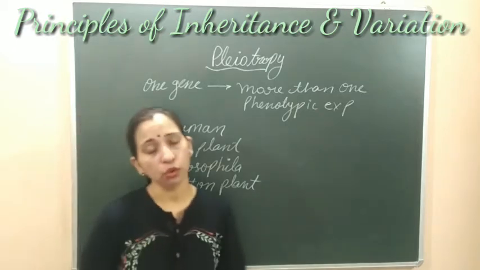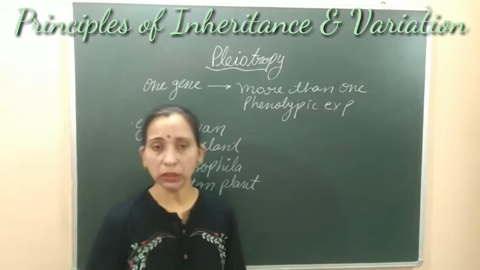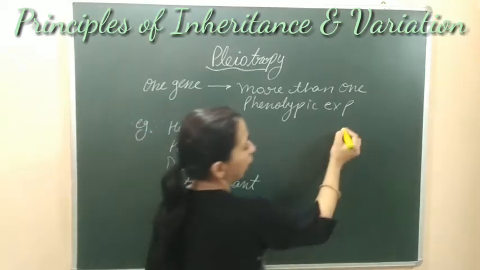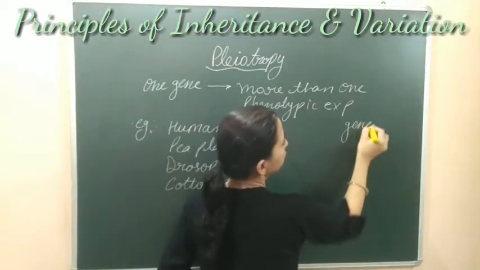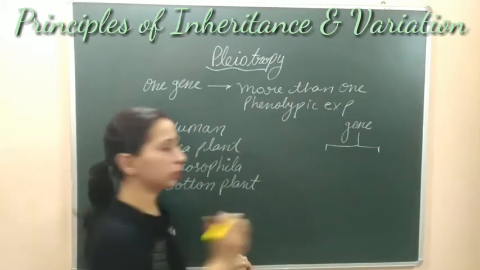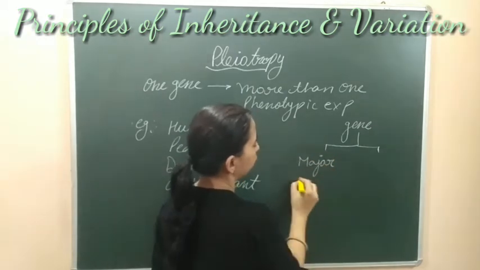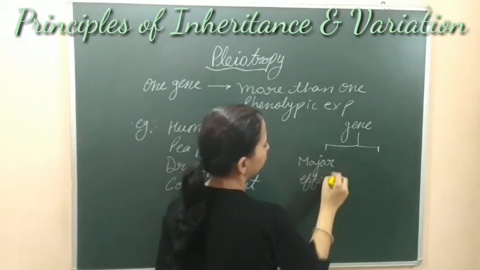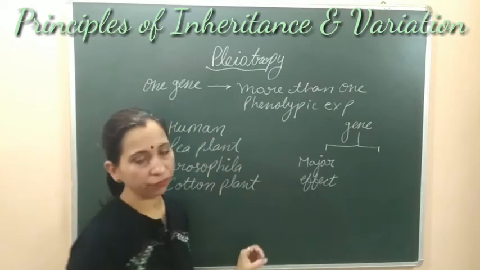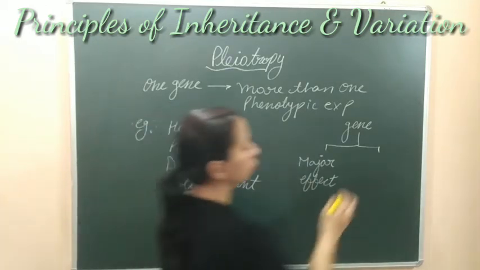In the case of pleiotropy, the gene which is showing more than one phenotypic expression has two effects. The first effect would be its major effect, which will be very easily identified. The other expression that it is controlling will be known as the secondary effect.